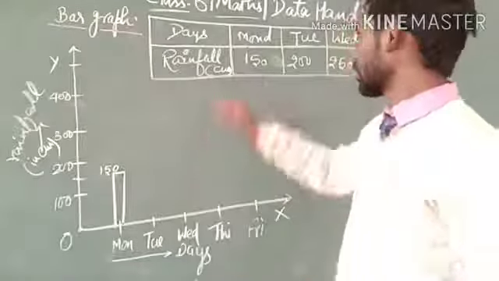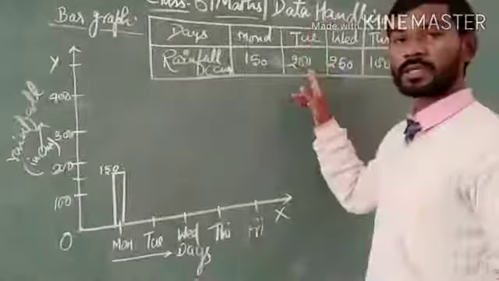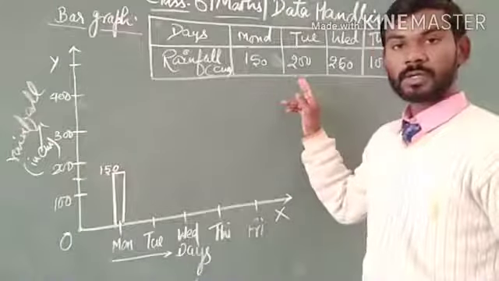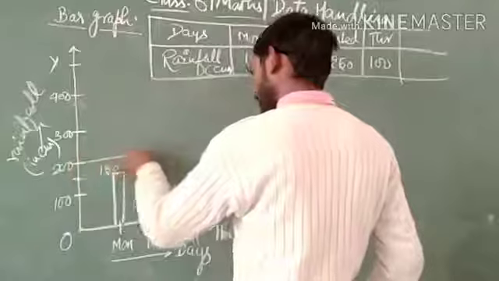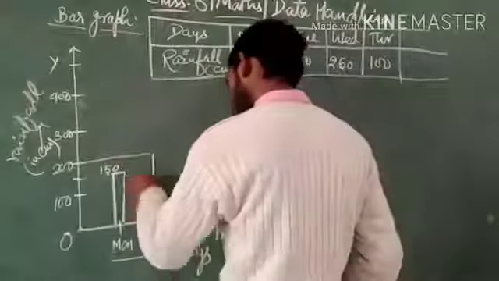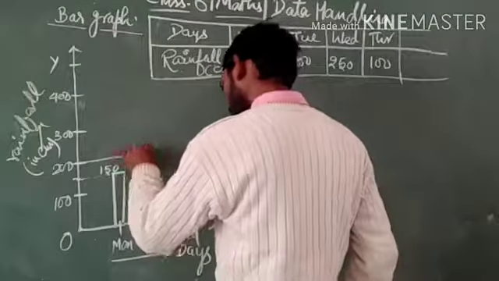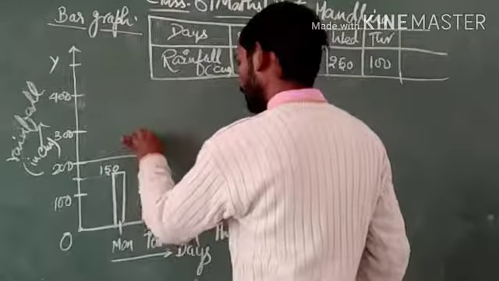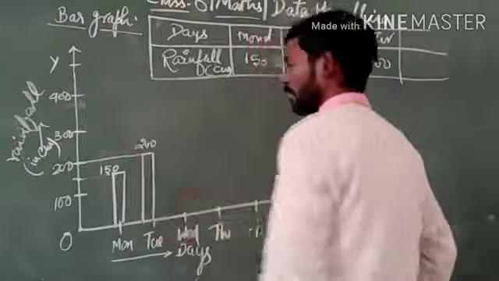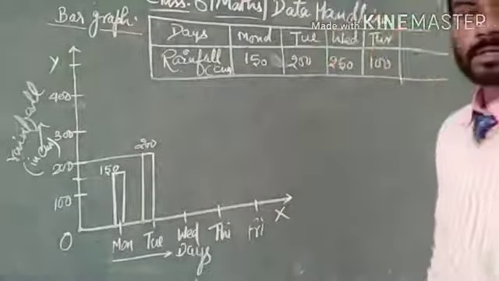Similarly, next on the Tuesday, the rainfall is of 200 centimeter. So here we draw the next bar like this. This will represent 200 centimeter rainfall on Tuesday.